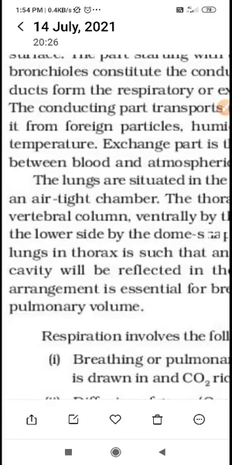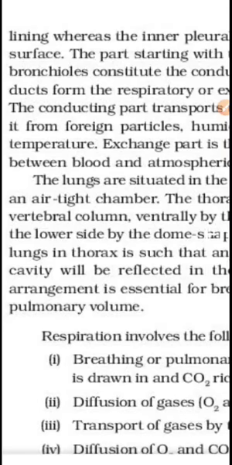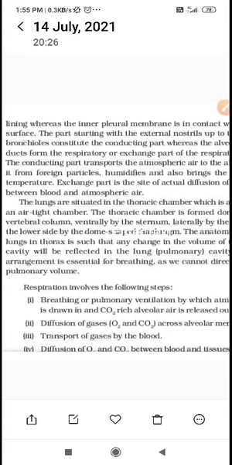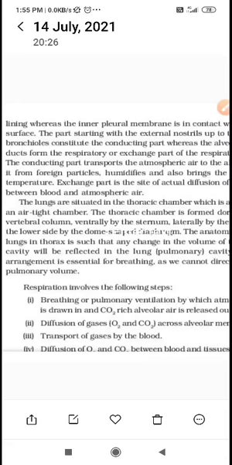So this type of packaging is essential for the functioning of our lungs. This is how the structure of lungs is.